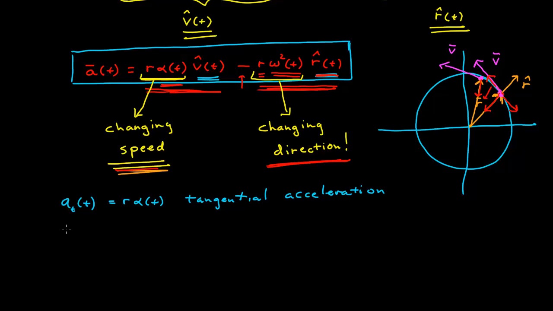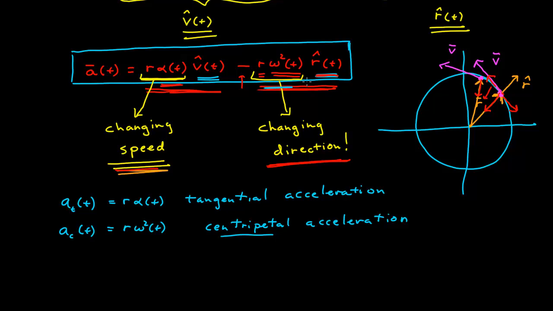And this other term, which is called a sub c, and it is equal to r omega squared, function of time, is called the centripetal acceleration. Centripetal means center-seeking. It's supposed to remind us that this acceleration always points towards the center of the circle. It's this component of the acceleration. And so this is centripetal acceleration.